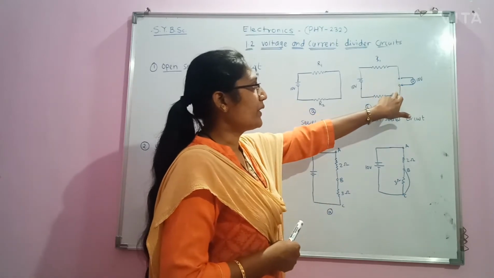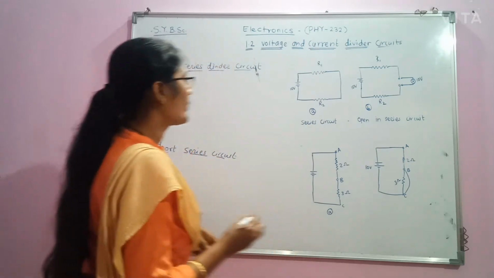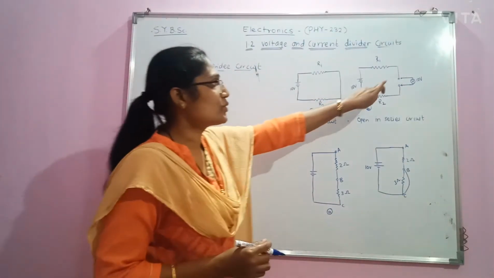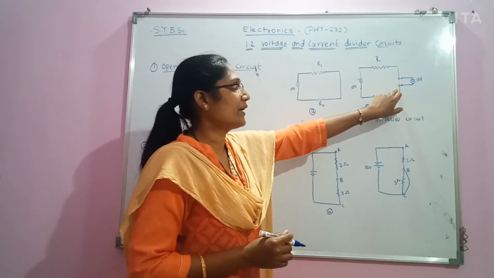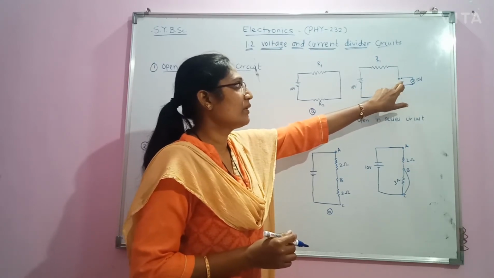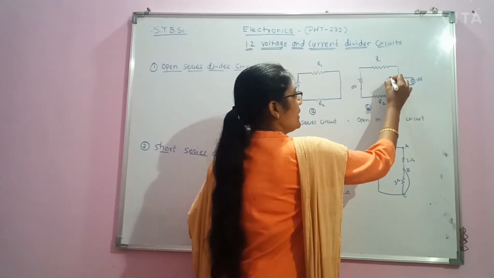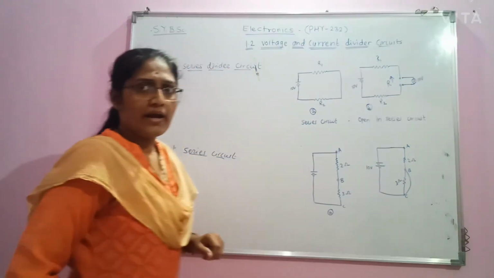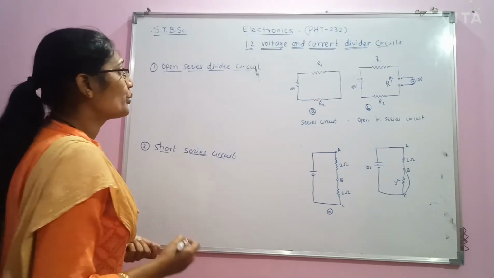Because of this open end, the resistance will become infinite, because there is a disconnection or discontinuity in the connection, and because of this there will be a tremendous increase in resistance. It is about to infinity.